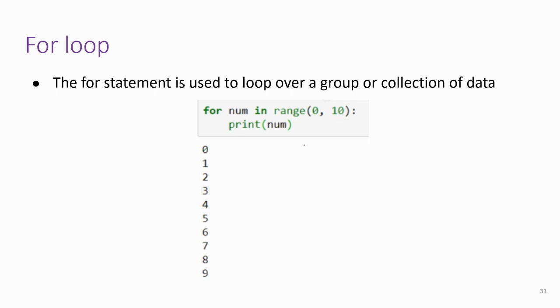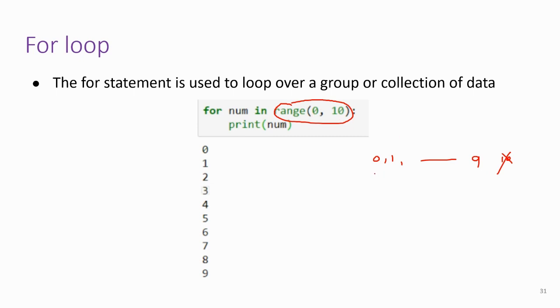So what do you mean by this? You closely see the statement. This range 0 to 10 means it will produce values from 0 to 10, but it will not include 10. That means 0, 1 up to 9 will get printed. 10 will not get printed.